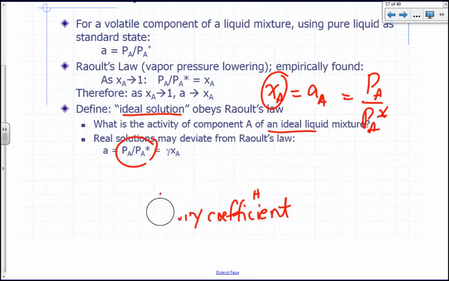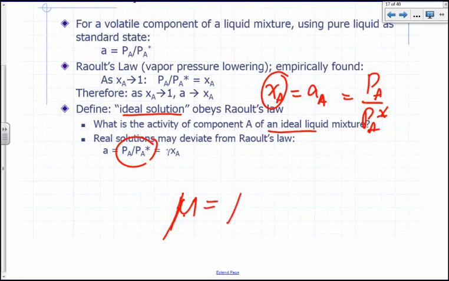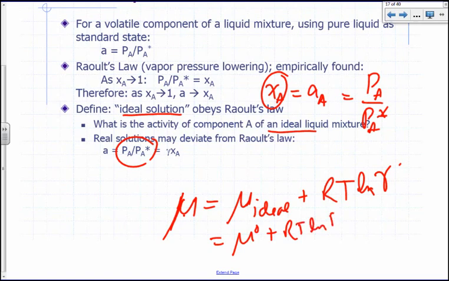If you remember, when we talked about ideal gases and real gases, we said the chemical potential of a real gas is equal to its chemical potential if it were ideal, plus RT ln gamma. And mu ideal, we said, was mu naught plus RT ln P over P naught. That's our mu ideal plus RT ln gamma.